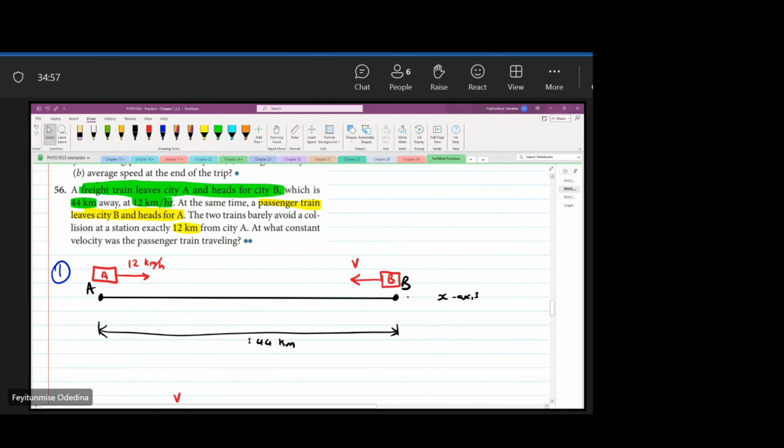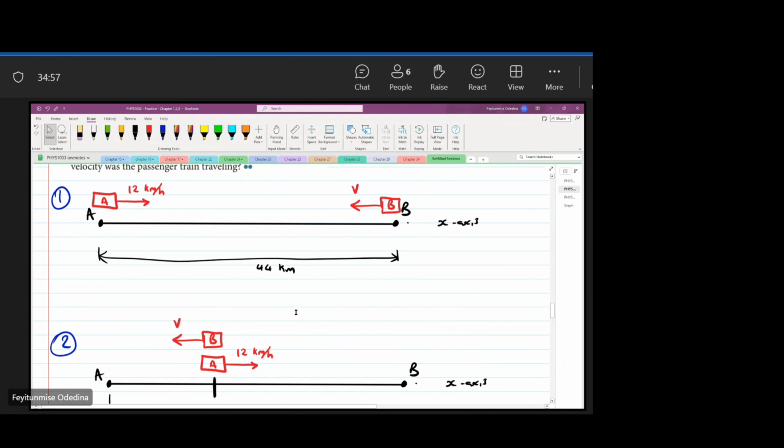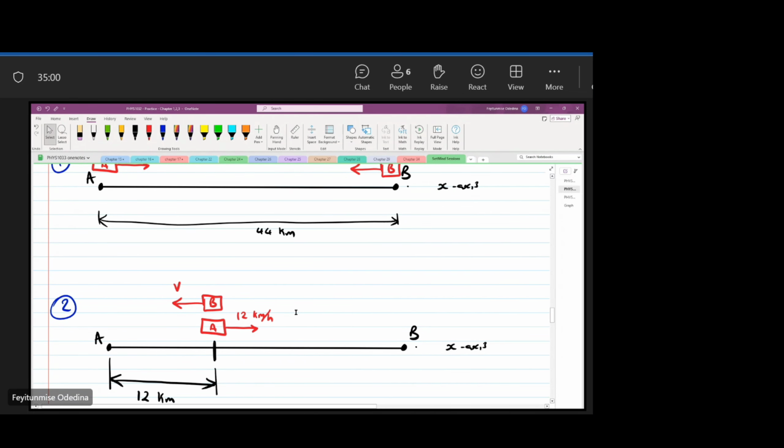And they want us to find the speed that the second train was traveling. So essentially, the question is asking, at what speed must the second train be traveling for both trains to meet at 12 kilometers? That is what we have to analyze.